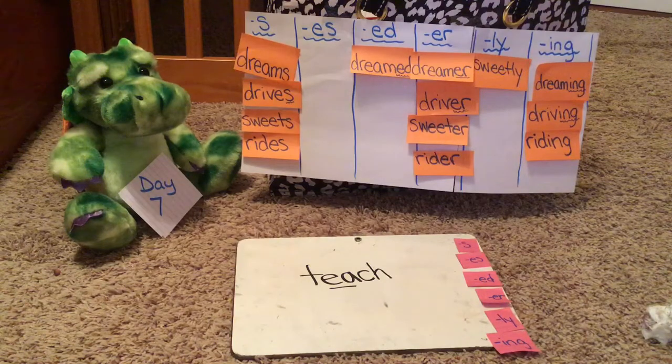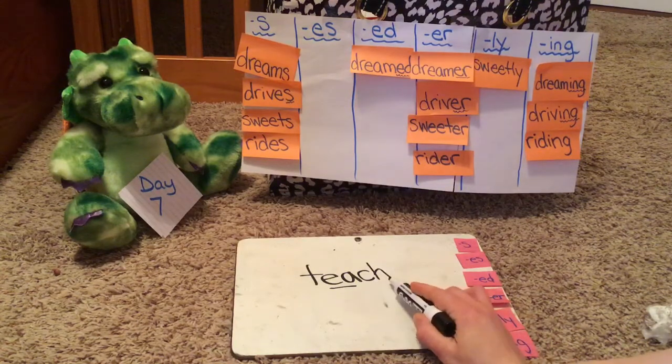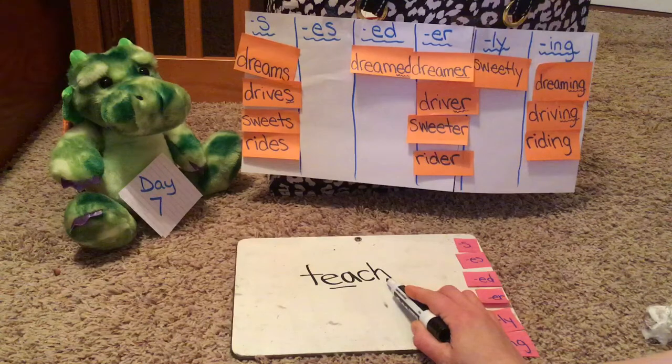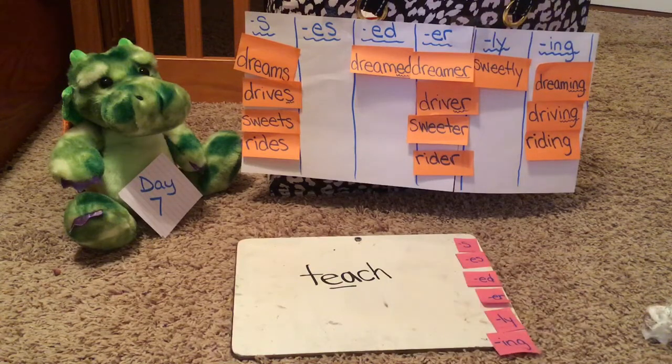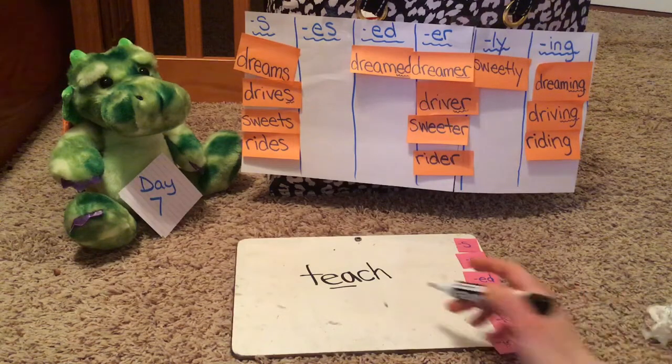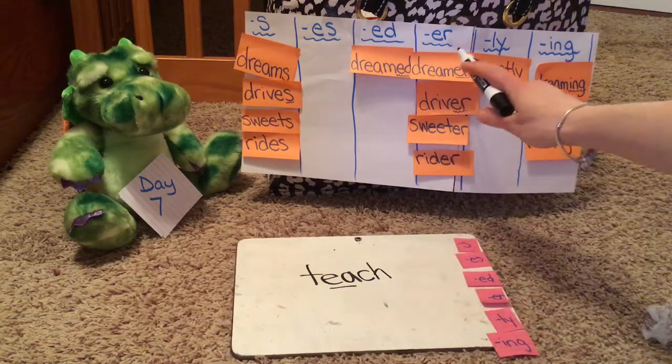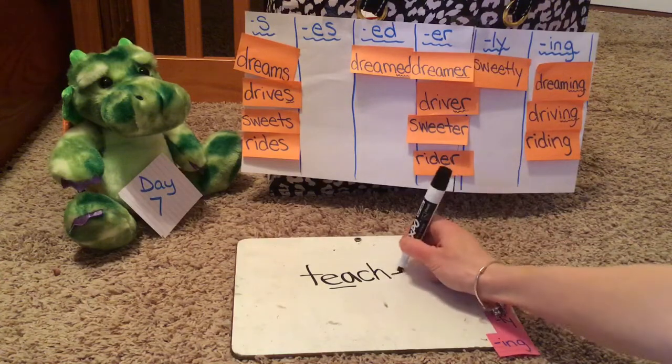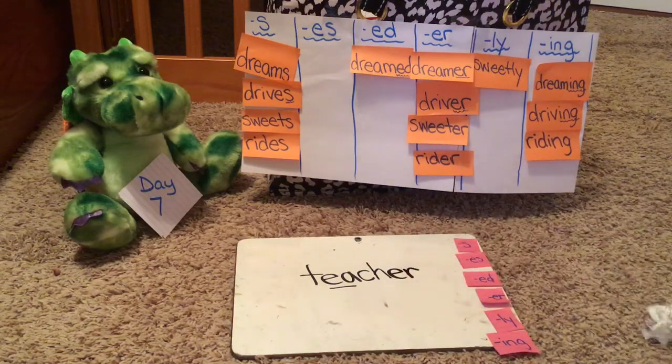And I want you to add the ending that makes the sound, teacher. And think, CH. That ending sound, CH, has an H at the end. Is that a vowel or a consonant? So how would you make it teacher? Okay, teacher ends in a consonant, so all I need to do with the ER is just add it to the back. Teacher.